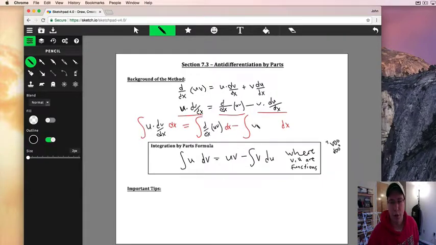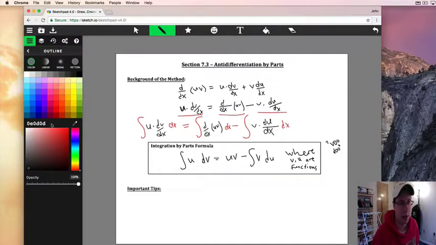And then the last term, which is v times du dx. As you can see, if we treat these little dx's as if they're little quantities, we have some cancellations that emerge. And this is how we can complete the mini proof, or the informal proof, we could say, of our integration by parts formula.